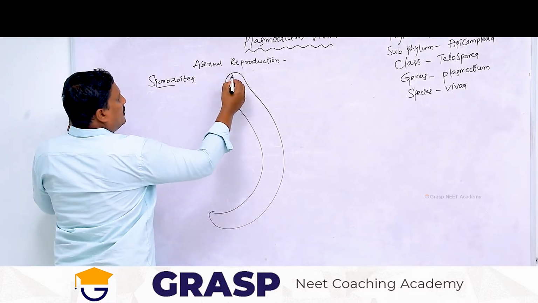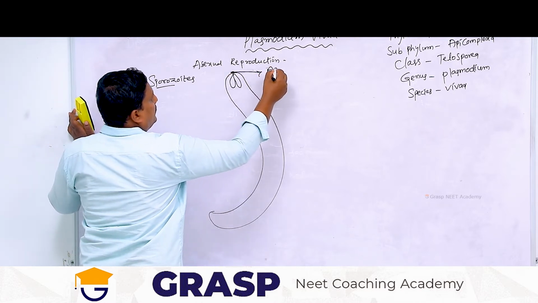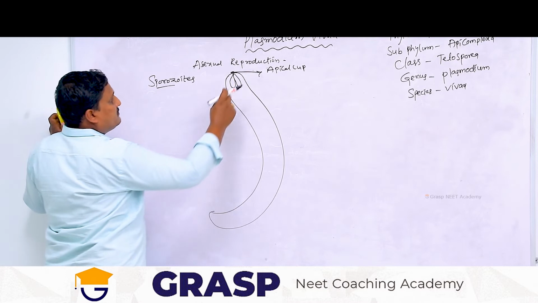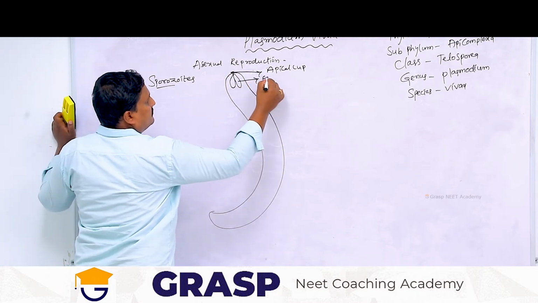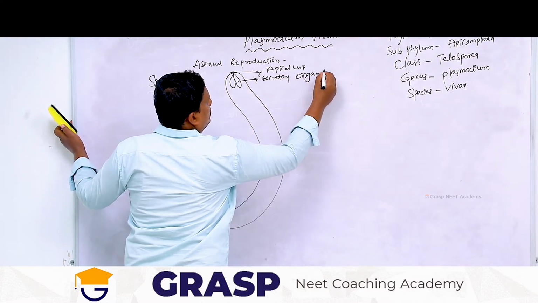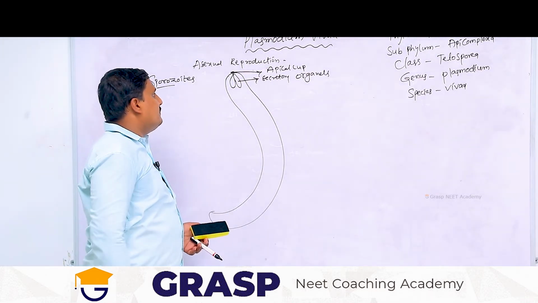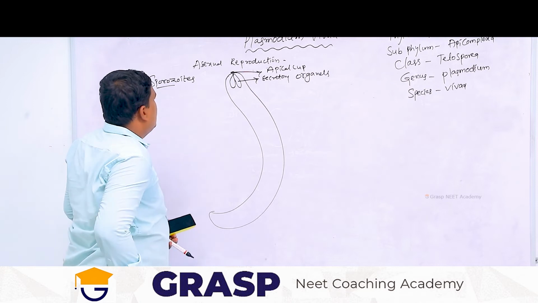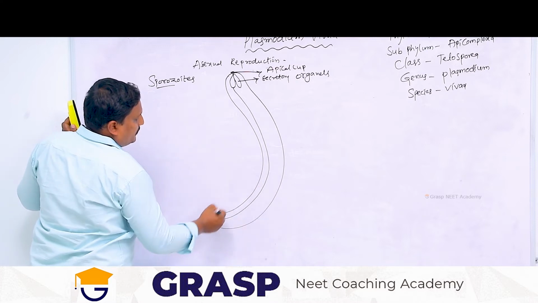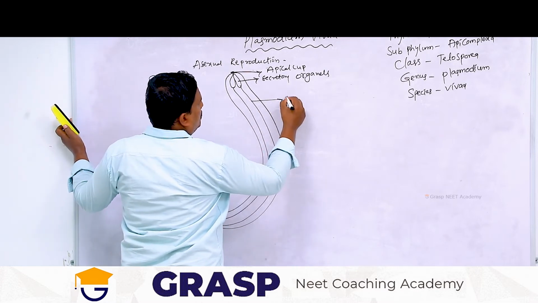At the anterior end there is a small depression known as the apical cup, and a pair of secretory organelles which open into it. These secretions help in the penetration of liver cells during hepatic schizogony.